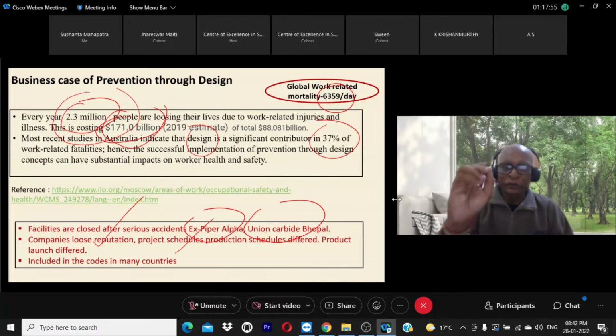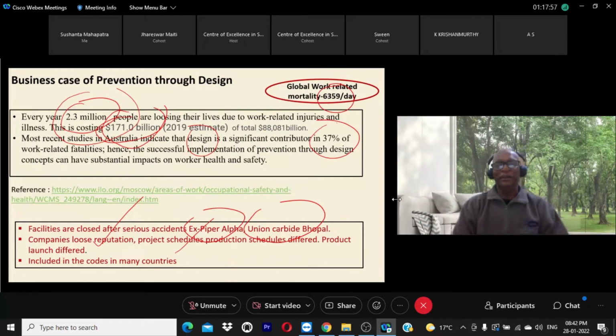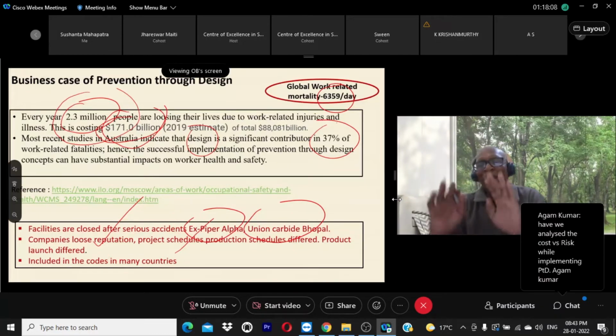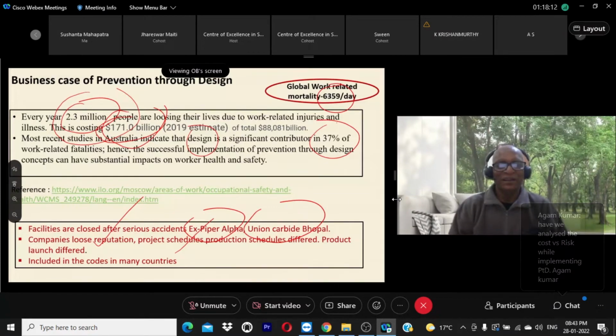And it is shown in present research in Australian companies that 37% of the work-related fatalities and serious incidents are related to design. People have not addressed it at the design stage.